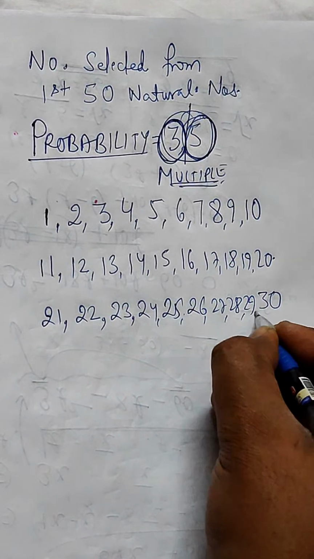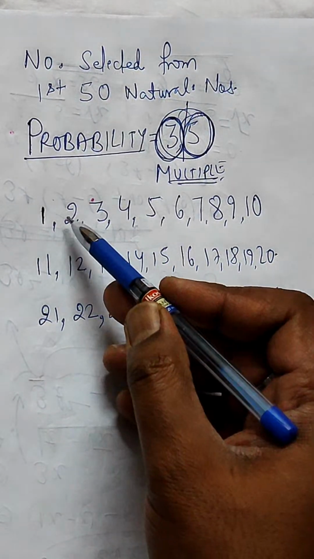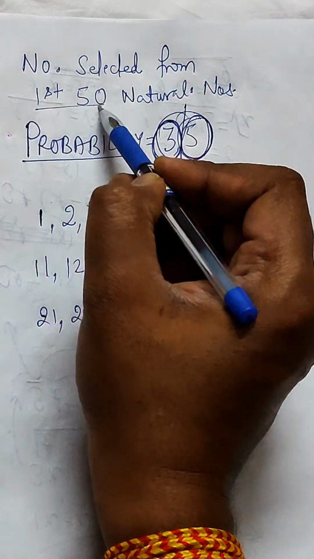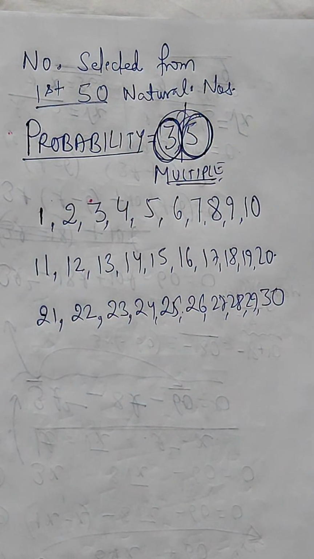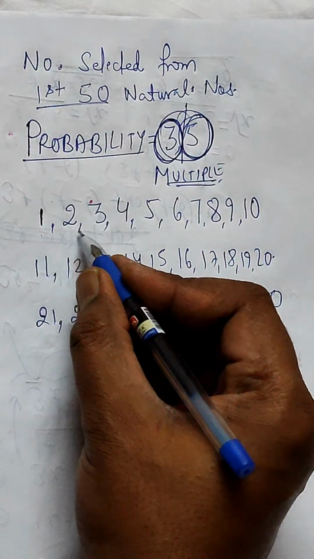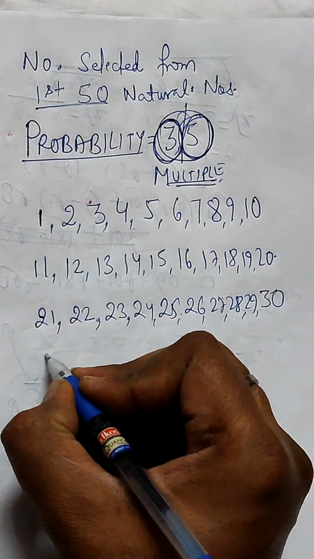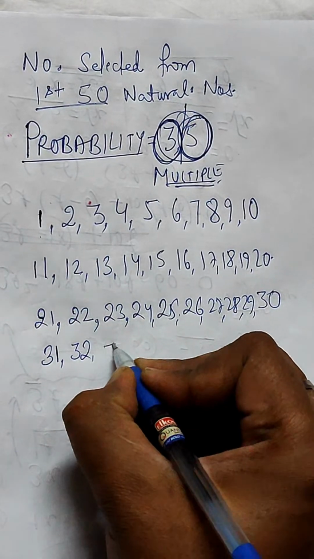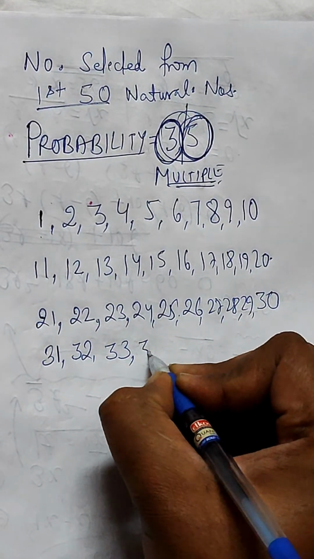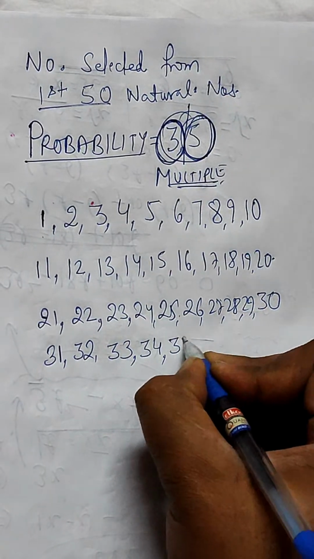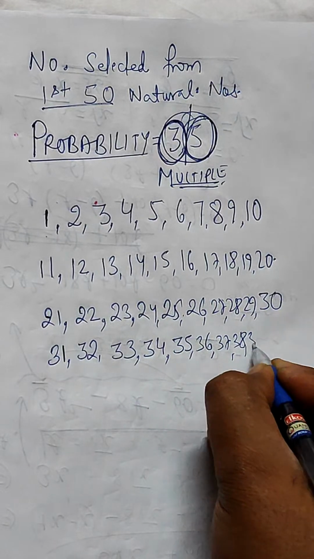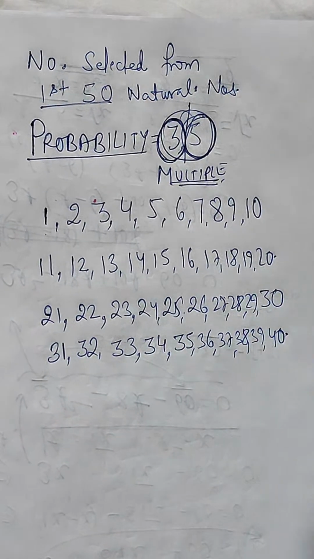Right? All these are natural numbers. I am just writing all the natural numbers from 1 to 50, that is the first 50. After 30, it will be 31, 32, 33, 34, 35, 36, 37, 38, 39 and 40.